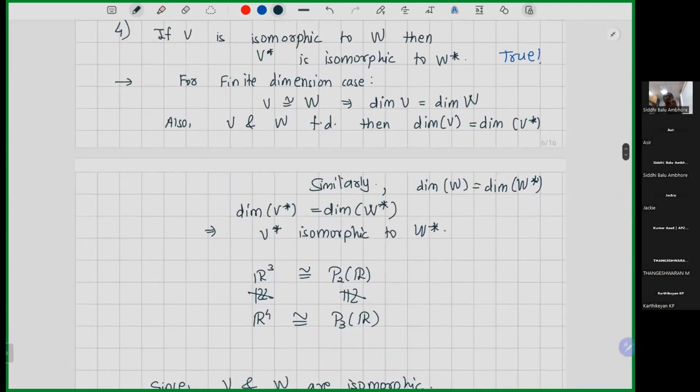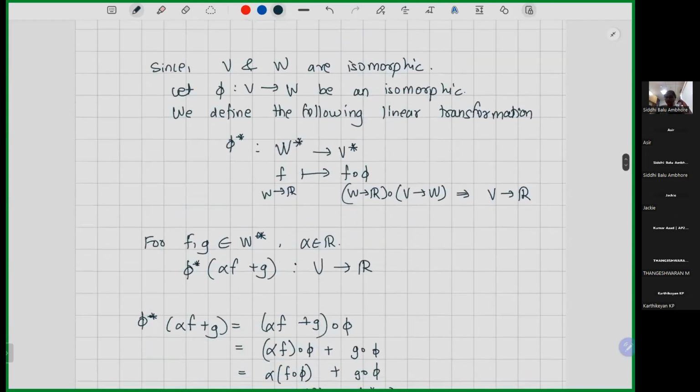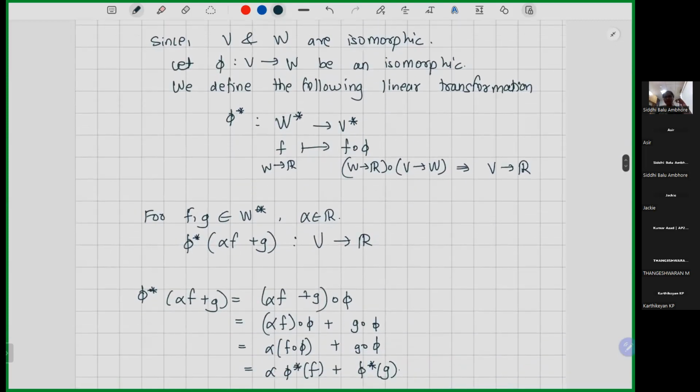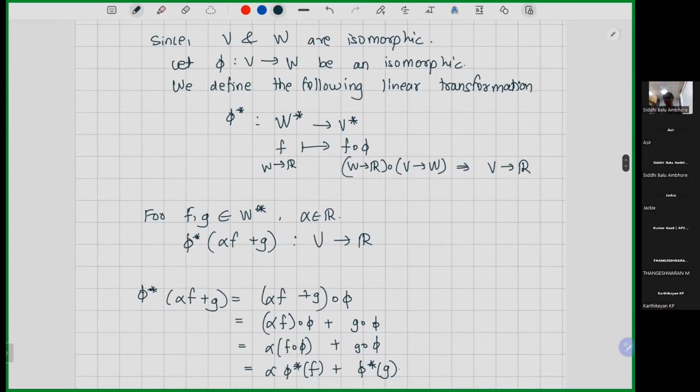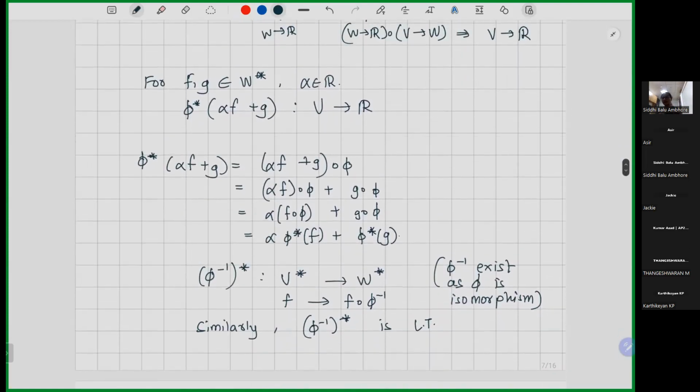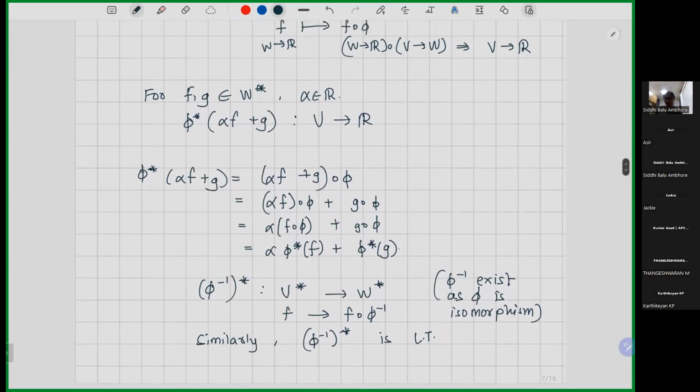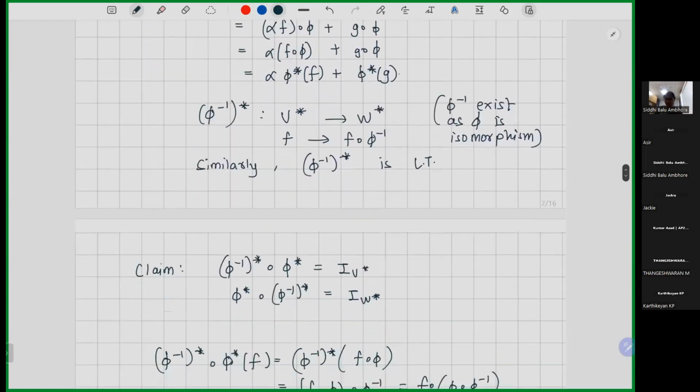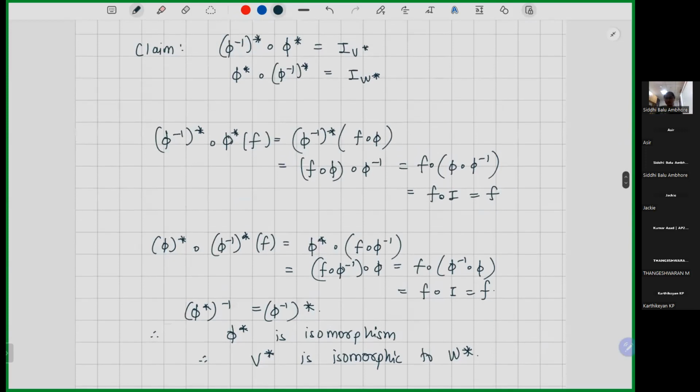A little bit more. Sorry, I just need to note down a few things. Sure, no problem. Yes, this part.